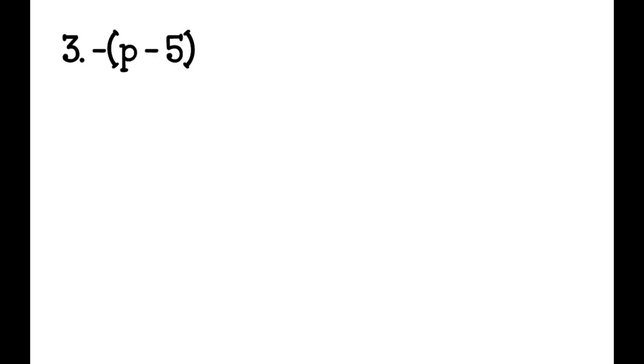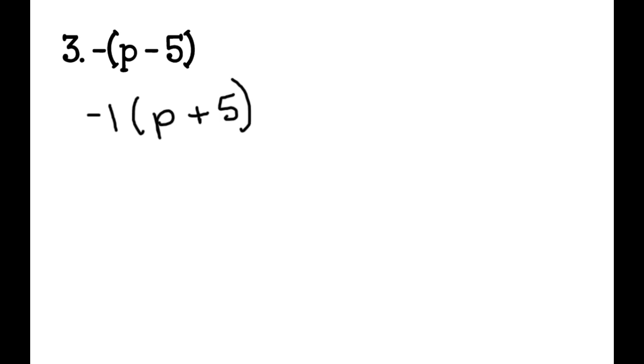Number 3, we have a negative on the outside times the quantity of p minus 5. Now, we went over this pretty hardcore the other day about what a negative on the outside just by itself would mean. That would be like a -1, and I would suggest, at least while you're getting started on this, that you rewrite it with a -1 just to help you.